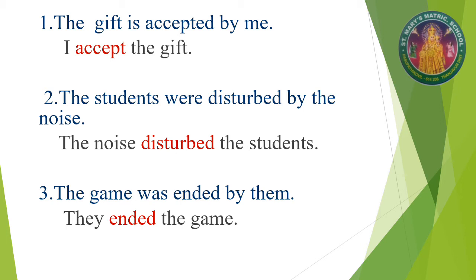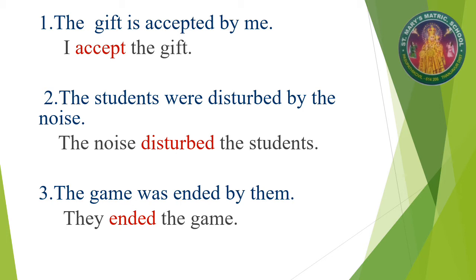Because it is not a single student, it is students, a plural form. Were is a past tense. So in active voice you have to remove the were and write the past tense verb as it is. The noise disturbed. Now bring down the subject as the object, the students. What is the answer now? The noise disturbed the students.